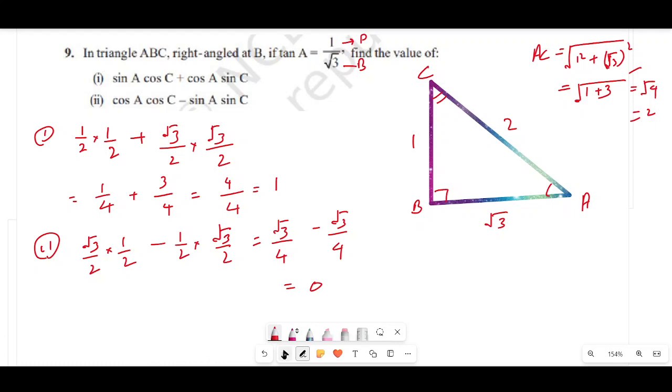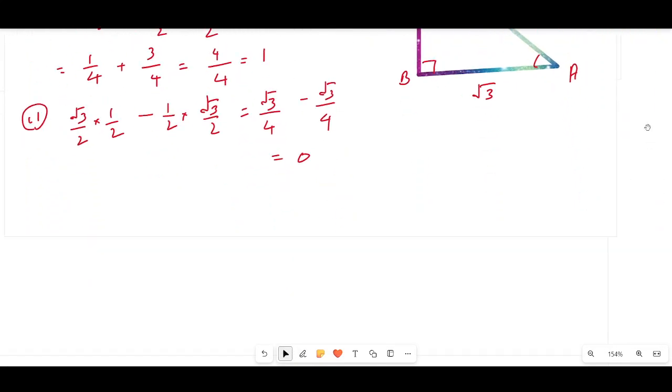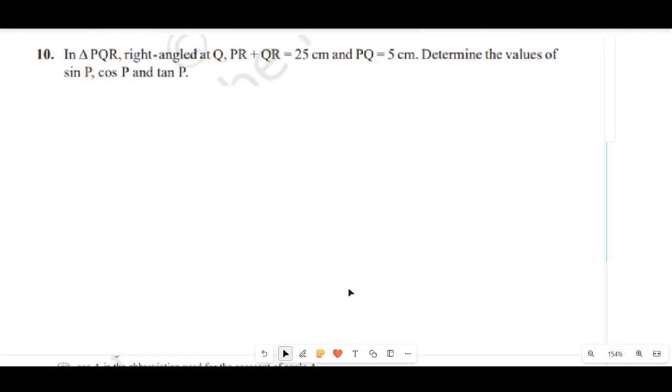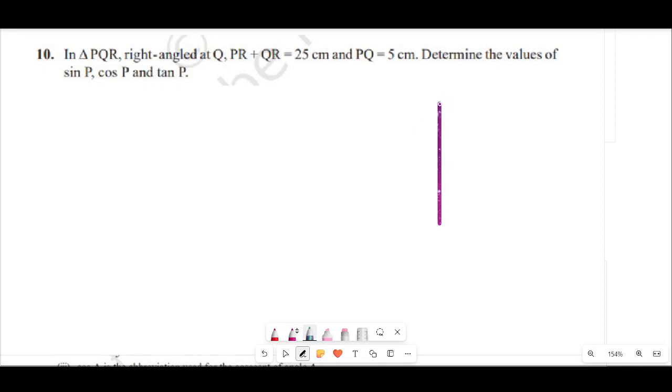Now come to question number 10. Clear? Now what is question number 10? In triangle PQR, first we should draw a triangle. Here this is a triangle with a right angle at Q. This is Q, which is a right angle.